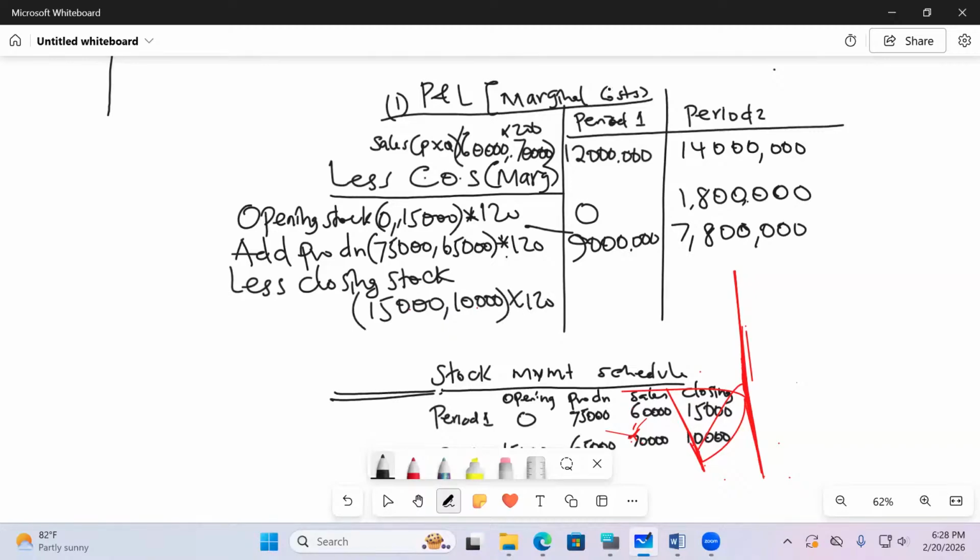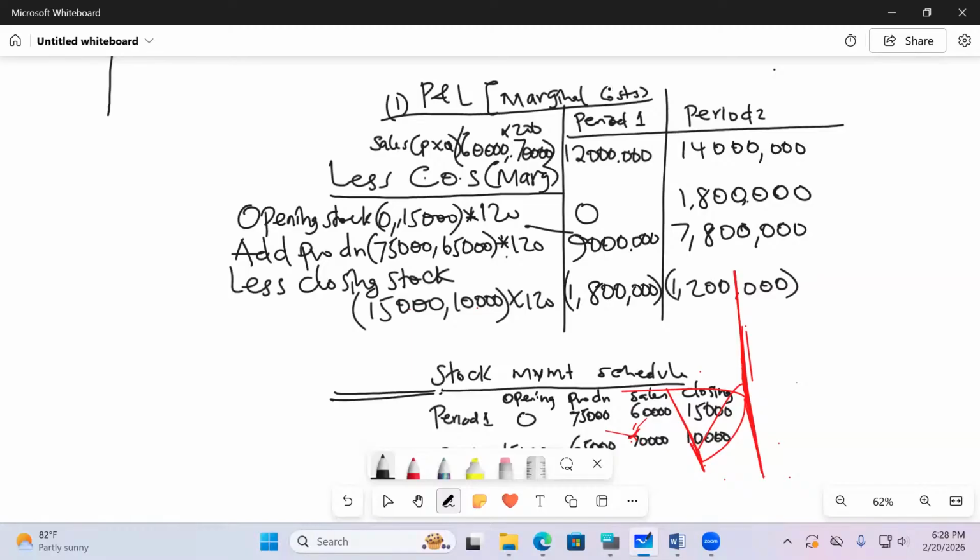At 120. So 15,000 times 120 gives me the value for period 1, which gives me what figure? 1.8 million. And then we have 10,000 times 120, which gives me 1.2 million, like that. Remember, closing stock is always subtracted at this cost level.